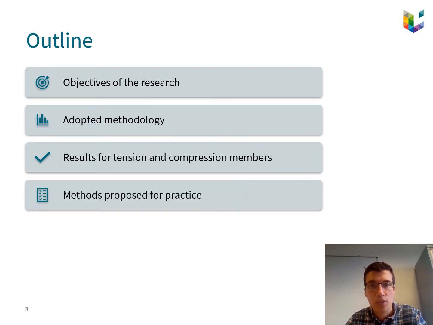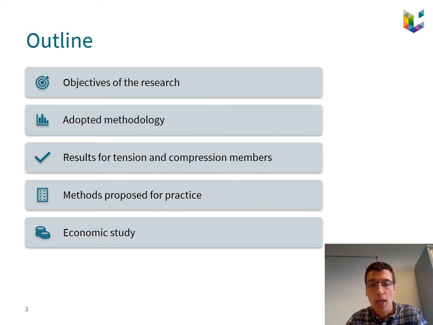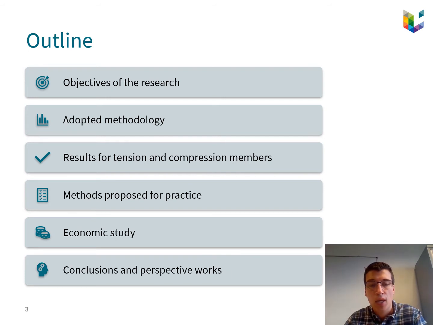Finally, I am going to present you two methods in order to help designers choosing the most suitable steel grades, and some results of an economic study performed on the cost ratio parameter in order to see how a change of this parameter can impact the economic benefit in using a high-strength steel grade. And I will give you finally some conclusion and perspective works.